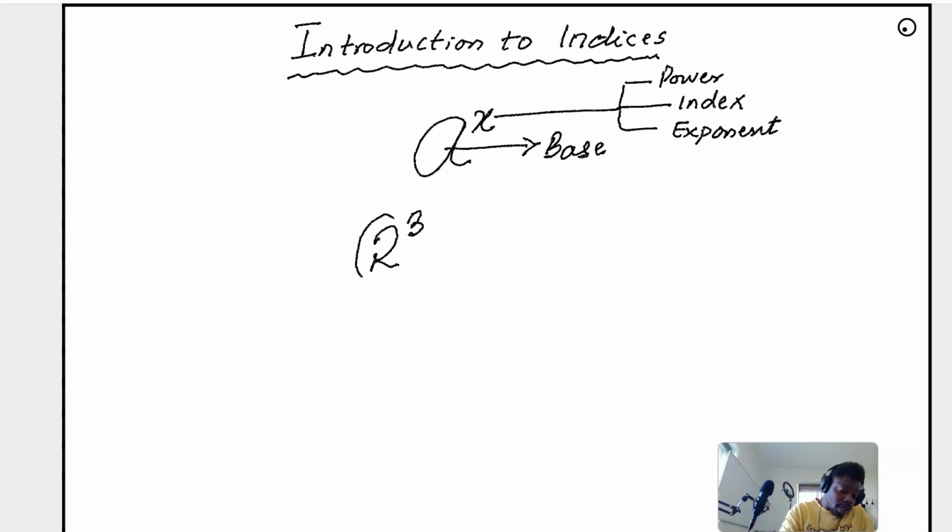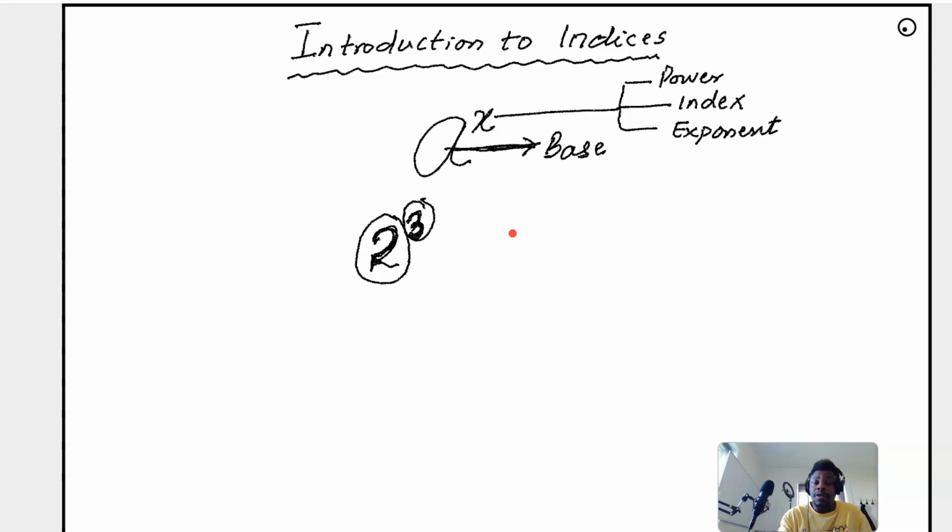For example, if I have 2 raised to power 3, my 2 here is the base, just like you have a as the base, while your 3 here is the power or the exponent or the index. So I'm going to say I have 2 raised to power 3 or 2 index 3 or 2 exponent 3.